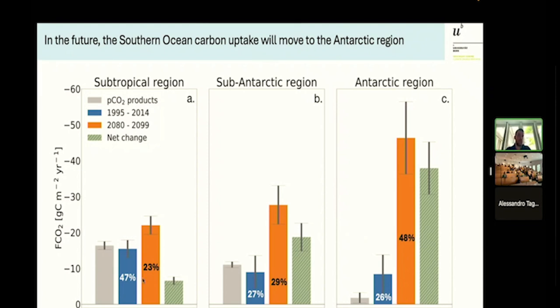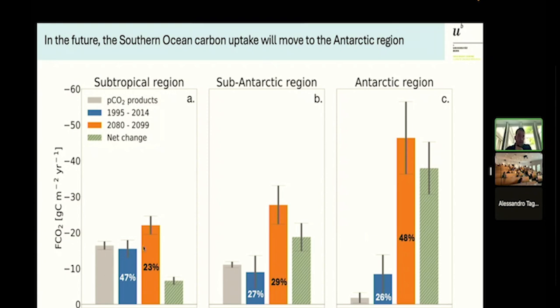So you have the subtropical region, you have the subantarctic region, and the Antarctic region. So we basically go from the northern Southern Ocean to the southern Ocean. And we have here the estimates by Earth system models in blue and orange, and then the estimates from the pCO2 products for this period.